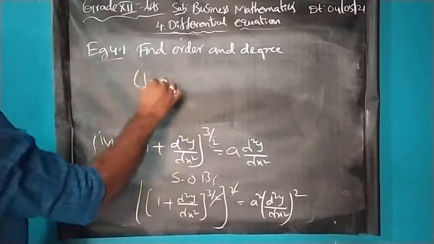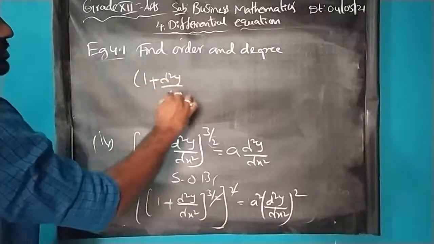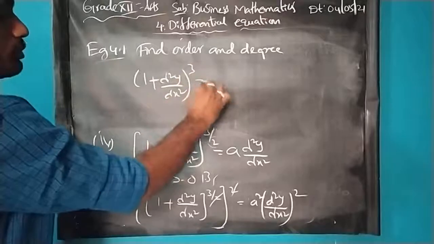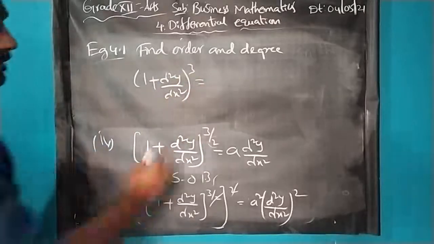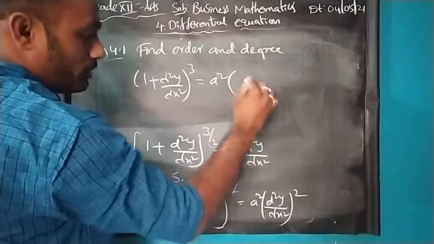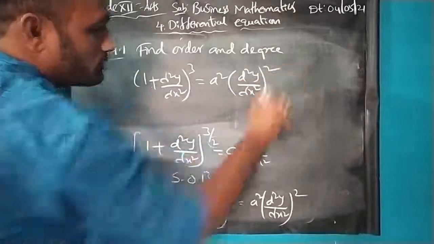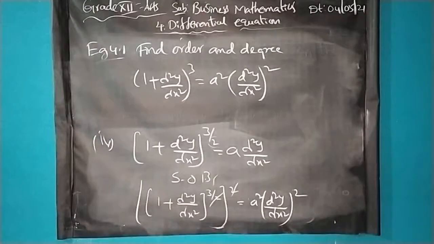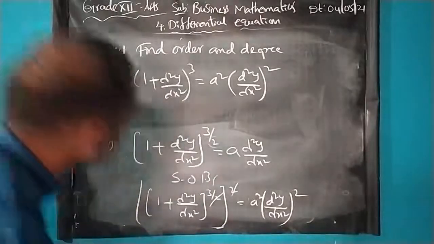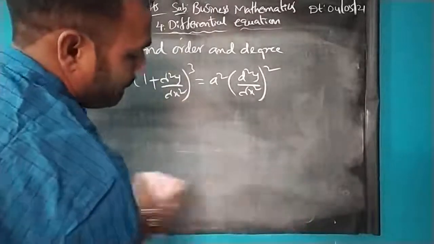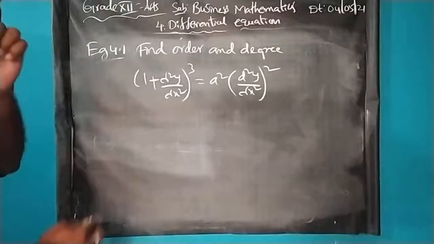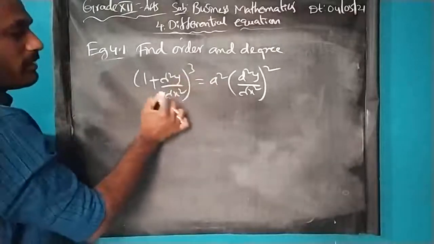The left term is 1 plus d square y by dx square whole cube equals a square into d square y by dx square whole square. Now, in this case, the order is... it is looking like a plus b whole cube.